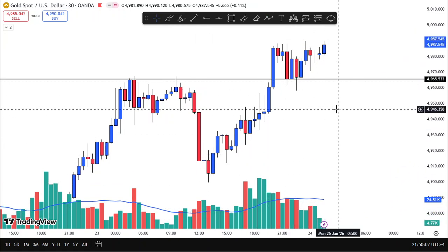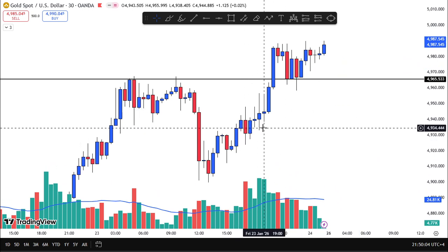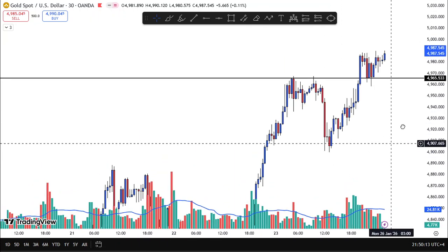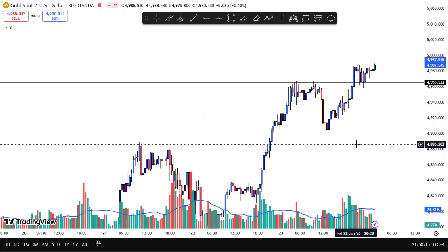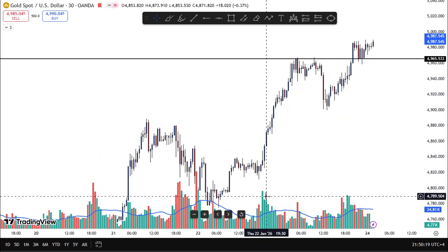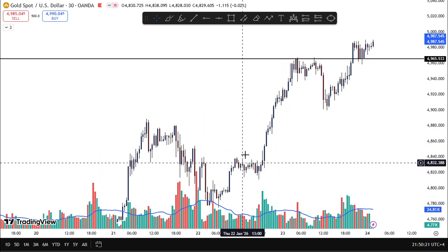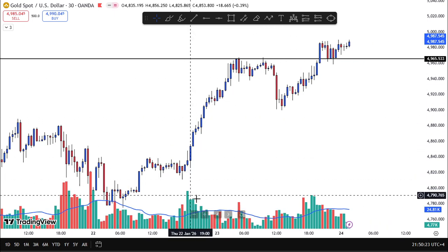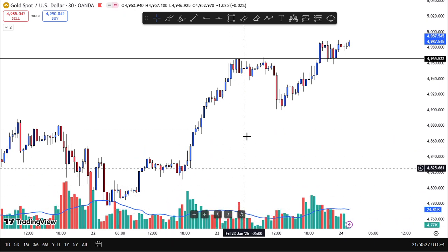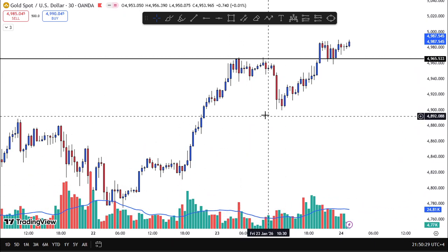Some reasons are that it was the end of the New York session, but still you have to understand that even after the session, you can see that the volume was decreasing from here only, from this uptrend itself. The price is going up, but the volume is decreasing, and somehow you see that these selling orders are joining.